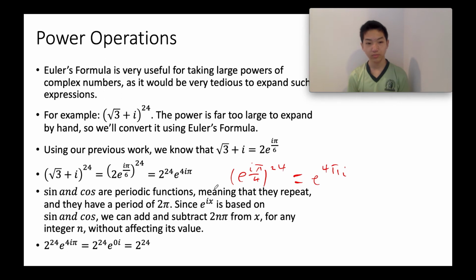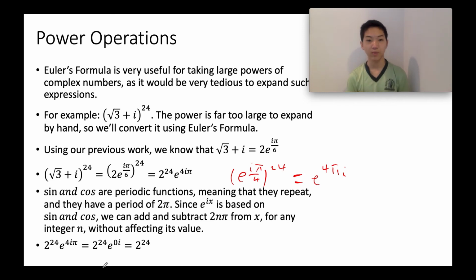So we further evaluate this. 2 to the 24th times e to the 4i pi is equal to 2 to the 24th times e to the 0i. Now we can just subtract 2 pi times 2 from x.